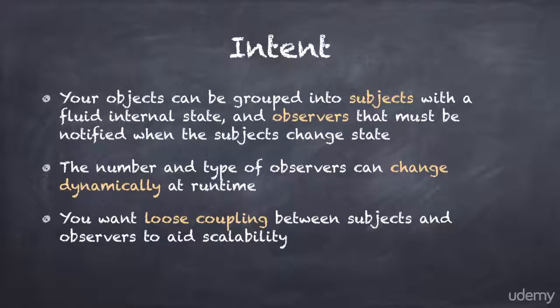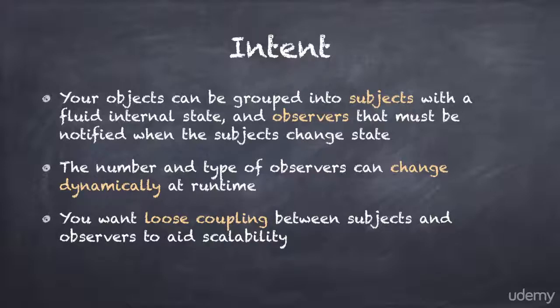Let's go through the points one by one. So, in this situation, you have an application architecture with one or more subject objects with fluid internal state, meaning the state can change at any given time. But you also have another group of objects that need to be notified whenever the subjects change.